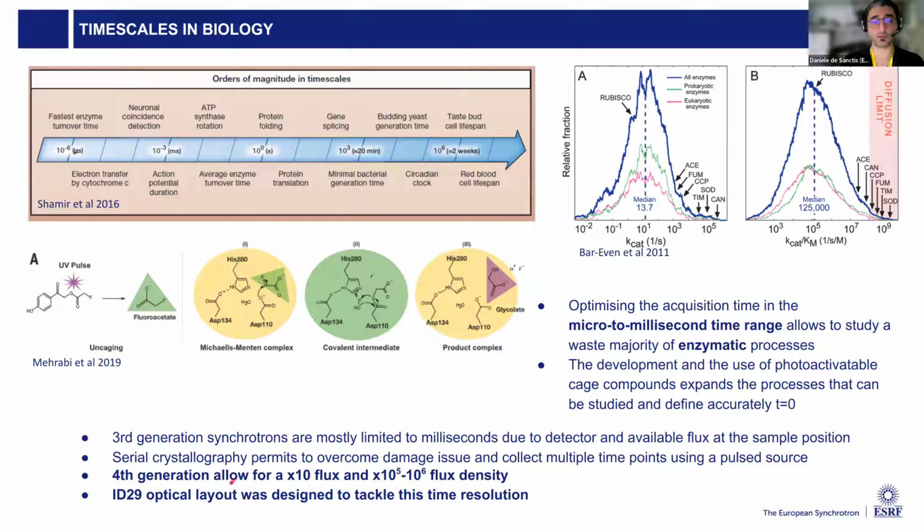But with the advent of fourth generation synchrotrons, which allow a much higher flux density at the sample position, new perspectives open up to perform time resolved studies in the micro to millisecond time regime. And it's basically with this target in mind that we have designed the ID29 optical setup.